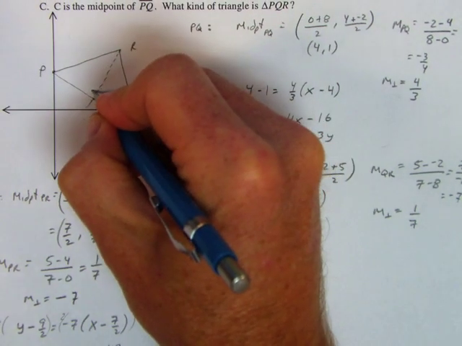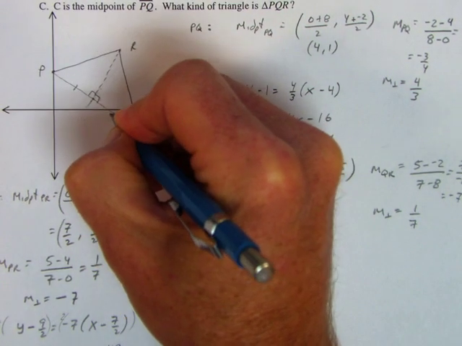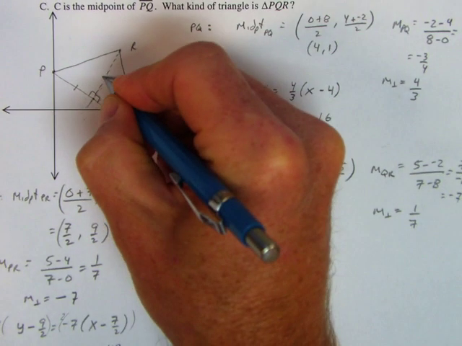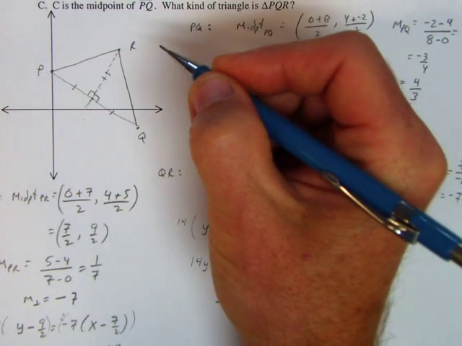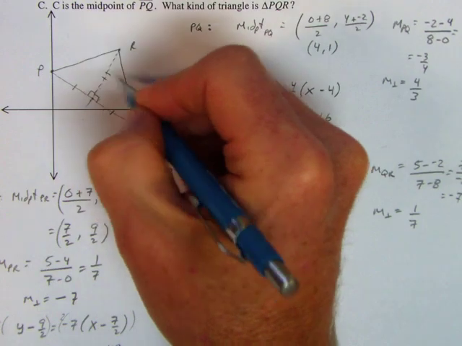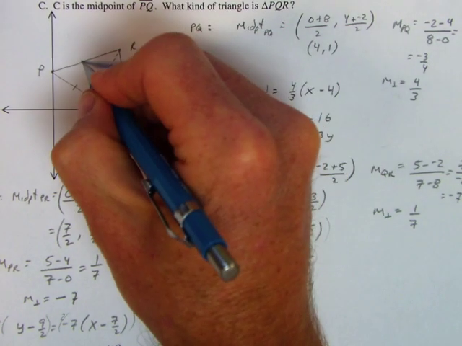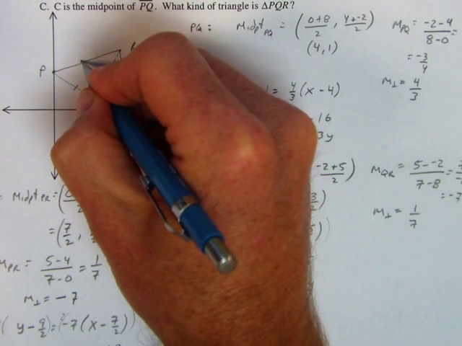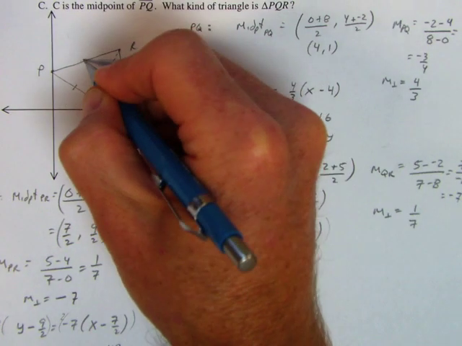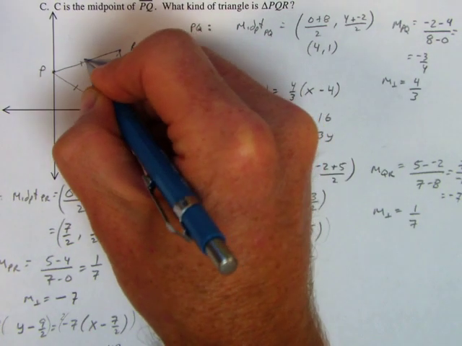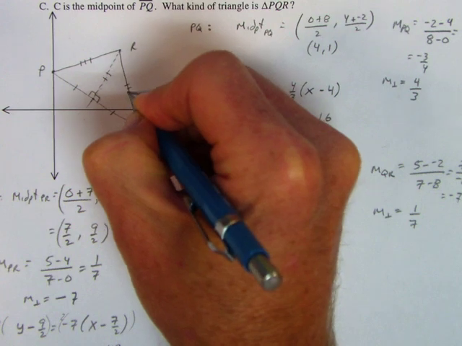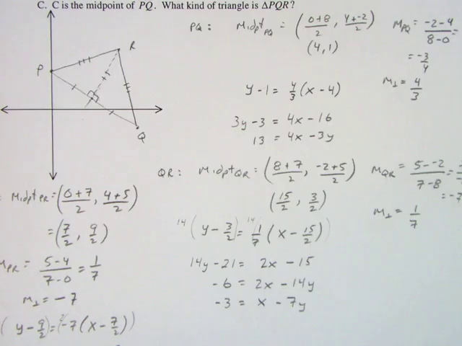So let's see, this is going to be a midpoint. This is congruent to this one. These are right angles. Remember, this is congruent to itself. So these two triangles are congruent, which means that this piece is congruent to this piece. So we're guaranteed that this is an isosceles triangle, but there's something else that's going to be true as well about this.